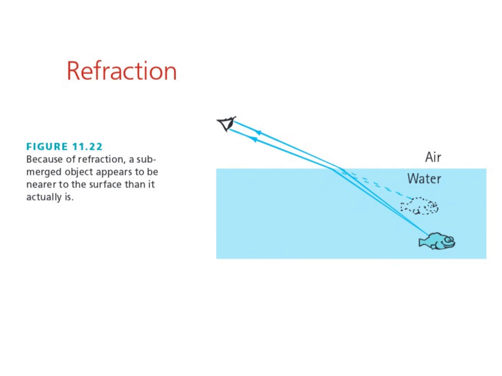And remember, your brain essentially assumes that light rays travel in straight lines, because that's what they do actually. They travel in straight lines. So the two light rays, if you project them back, they actually meet over here, and so the fish would appear closer to the surface of the water than it actually is. And this would be important if you were trying to go spearfishing or something. You're trying to spear a fish underneath the water. You would be stabbing in the wrong place if you didn't account for this.